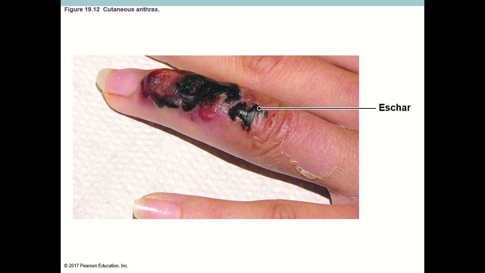It'll divide within the lungs, within the pulmonary system, respiratory tracts, upper and lower, and this is going to have a really, really high mortality rate. Last but not least is GI anthrax. Even though this is very rare in people, it is important that you know there is a possibility of anyone becoming infected with anthrax by eating.